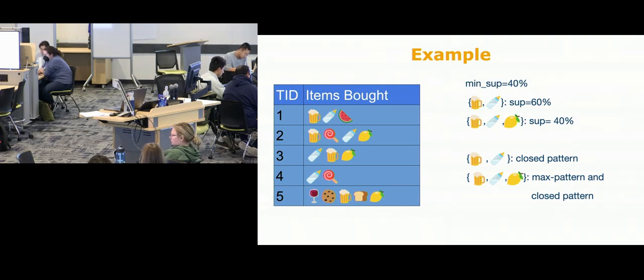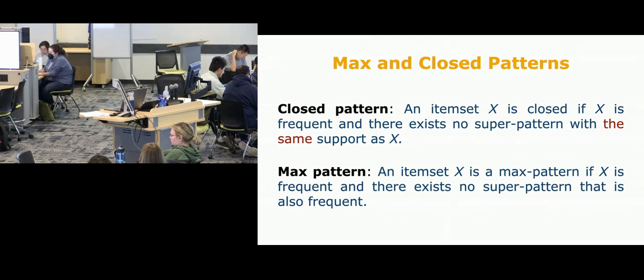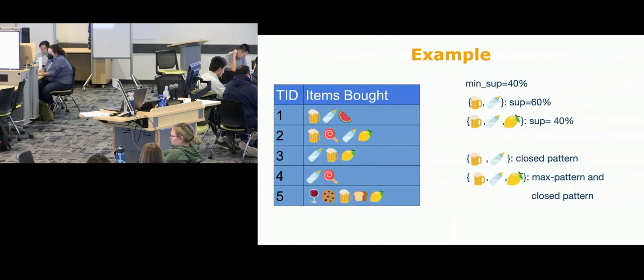A closed pattern means that there is no superset that has at least as much, same or higher, support as X, right? So milk and beer has a support of 60%, and there is no superset of milk and beer that has a support at least that. Milk, beer, and lemon has a support of 40%, which is lower than 60%. So hence, beer and milk is a closed pattern.